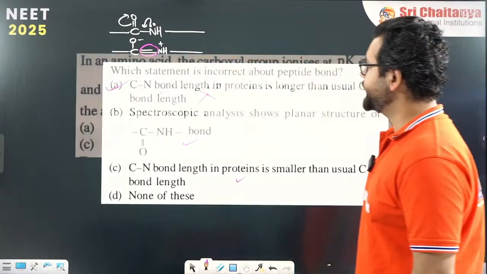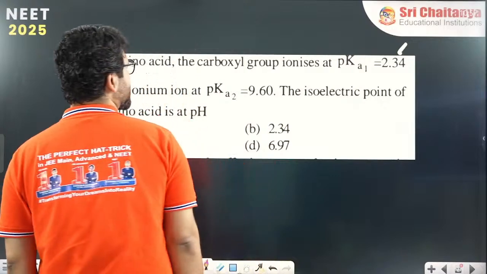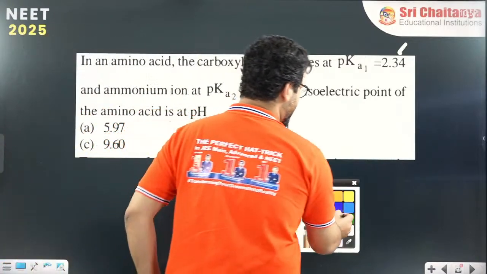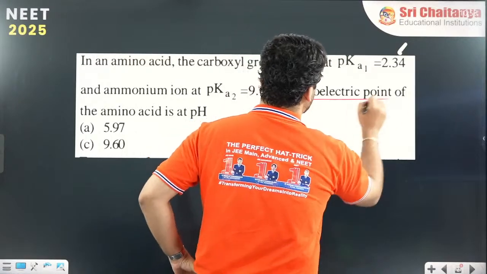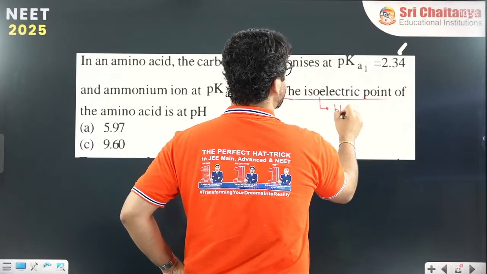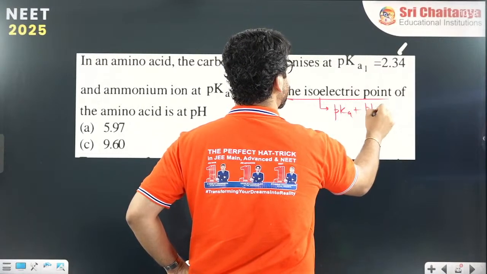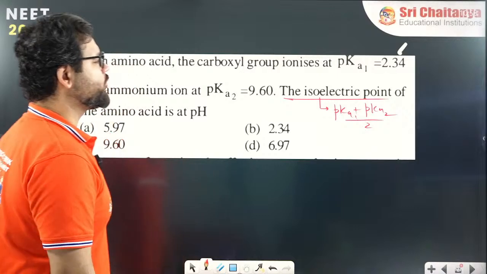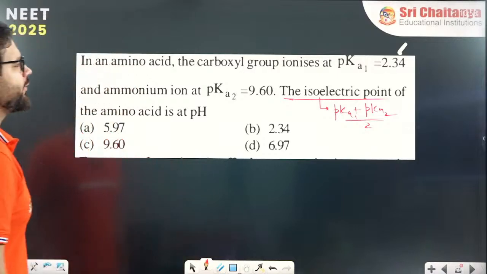Moving to the next one. In amino acids, how do we find the isoelectric point? You can remember it is the average of the 2 pKa. pKa1 plus pKa2 by 2. You can just learn this formula if you want.